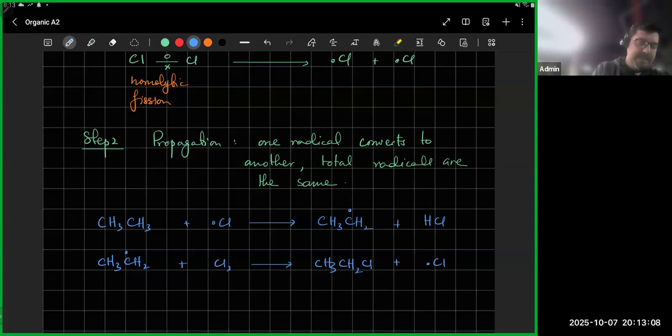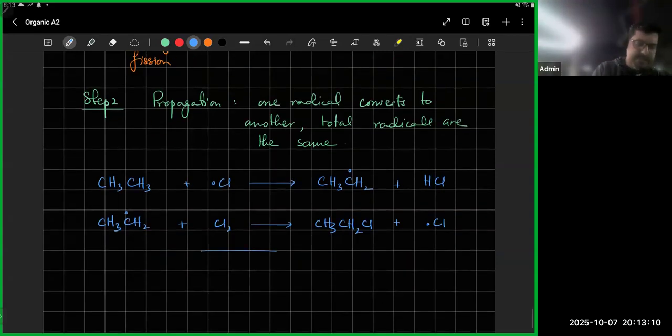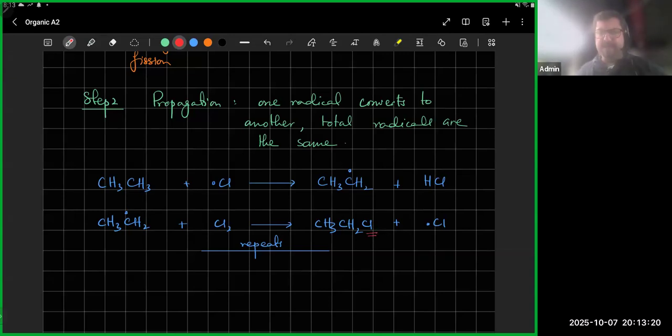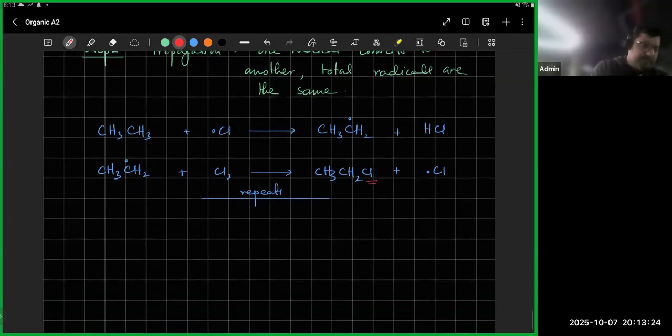And it just repeats endlessly. But basically what has happened is that one Cl is now substituted. Now you can do the same thing, repeat this again, and another one would get substituted. So one is already there now, CH3CH2Cl.